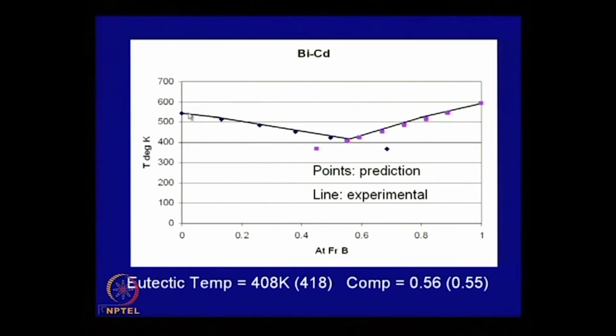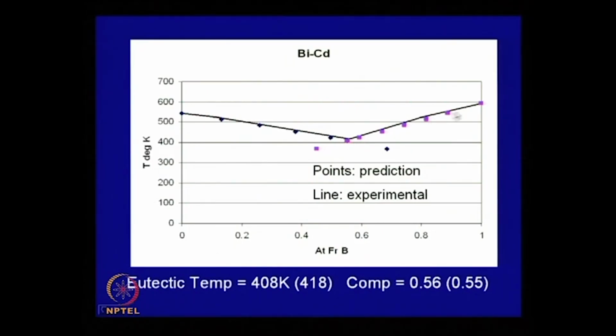With this assumption that they are totally immiscible in solid state, we did calculate the phase diagram using the concept of thermodynamic equilibrium. Here these points represent the predicted values, and if you extend those, you also get the eutectic somewhere here. This is the eutectic temperature, around 408 degrees Kelvin, and the eutectic composition comes around 0.56.